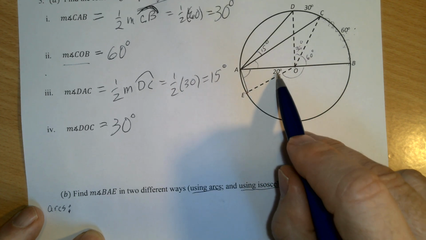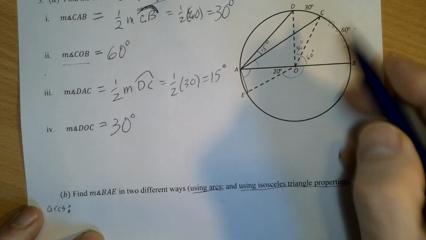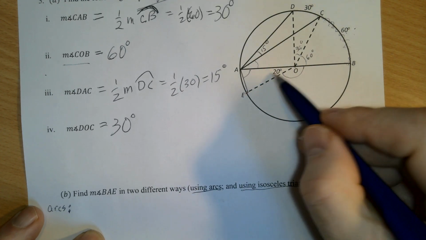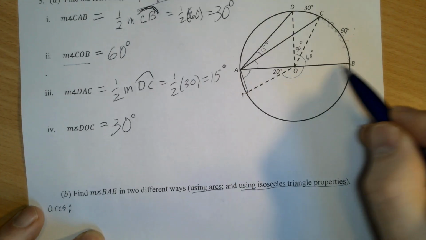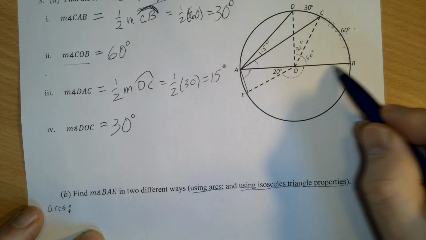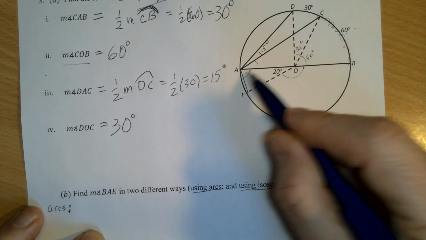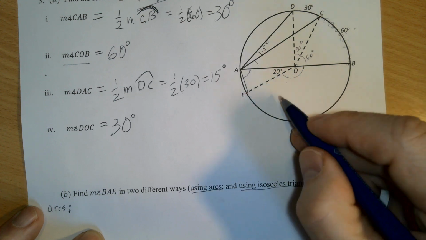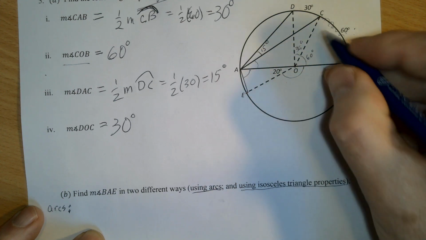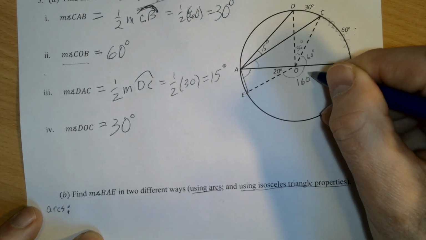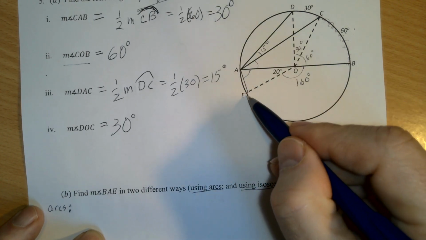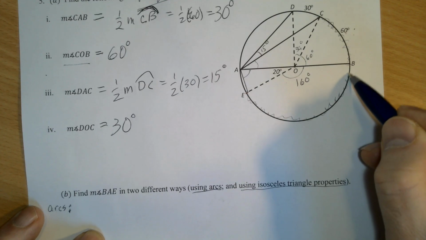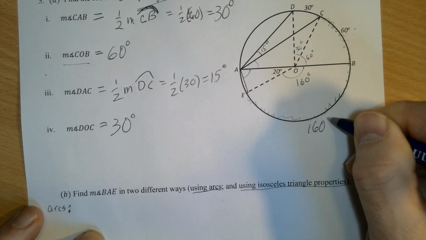For one thing, if this is 20 degrees, what's this angle right here? What's BOE? Since this goes through the center of the circle, this is a straight line segment, so it's going to be 180 degrees. 180 minus 20 would make this 160 degrees, which means that this arc has measure 160 degrees.